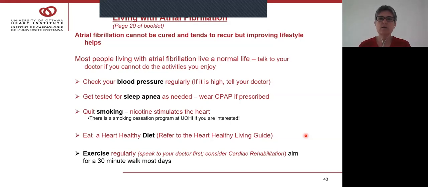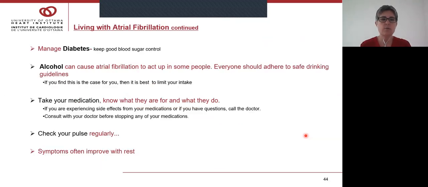So exercise, for most people, it's appropriate to walk at least 30 minutes a day, unless your doctor's told you otherwise. Eating a heart healthy diet, so less processed foods, more fruits and vegetables, and a lower salt diet are all important as well.